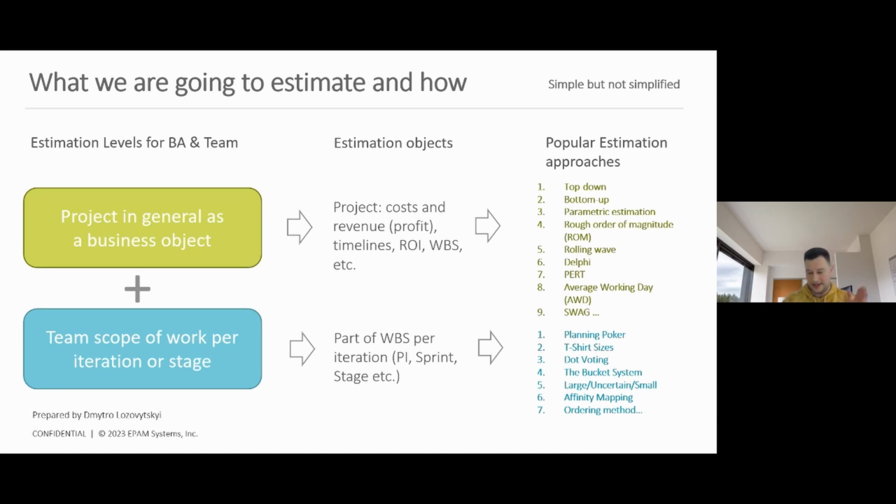For example, if you have enough information and some parts of the work breakdown structure are very well described, why should you use some strange technique, for example, the ordering method or affinity mapping, etc.? If you have enough information, and you have a team with a very good level of seniority, please use t-shirt sizing.